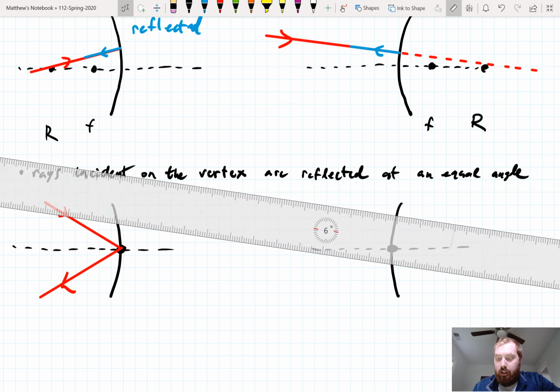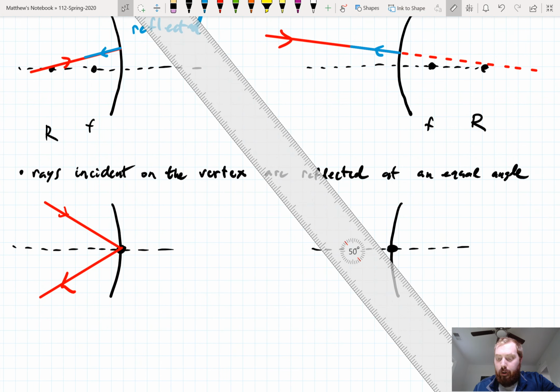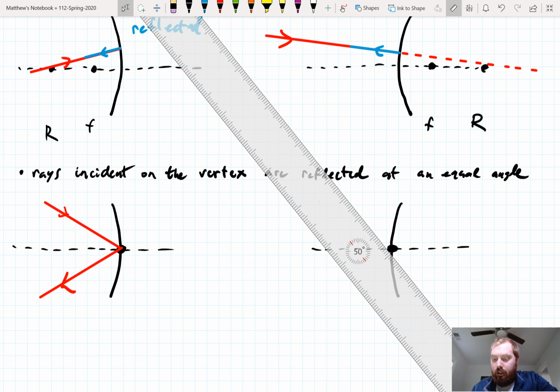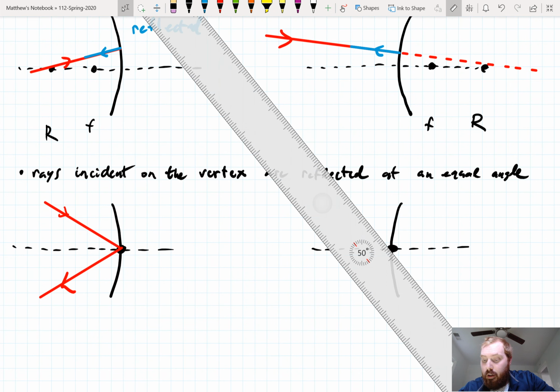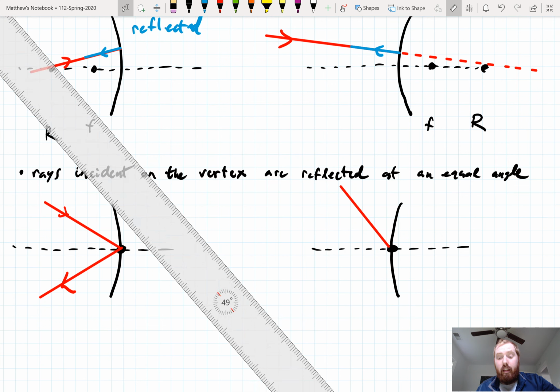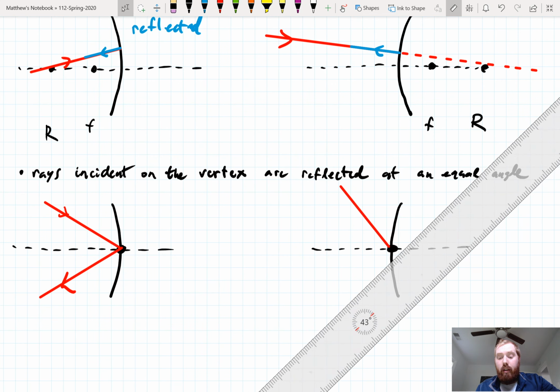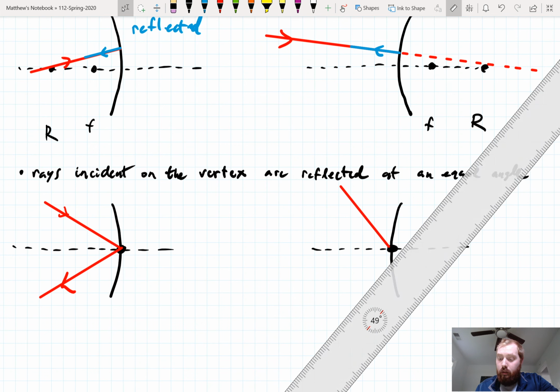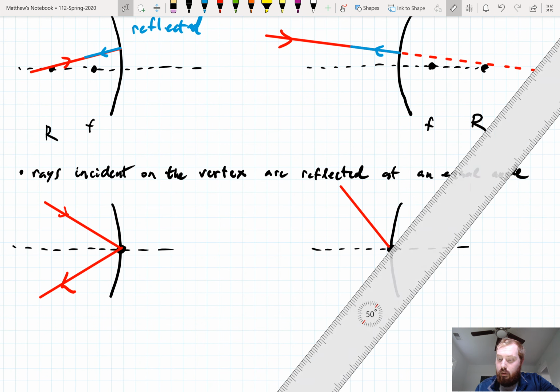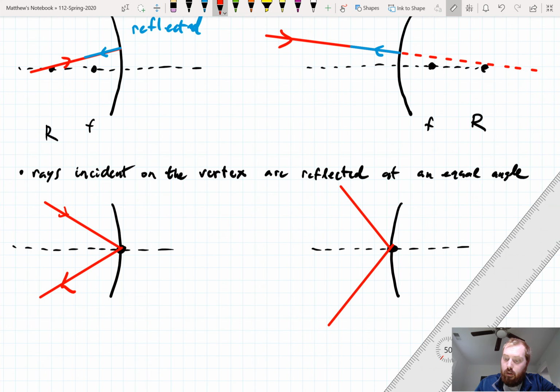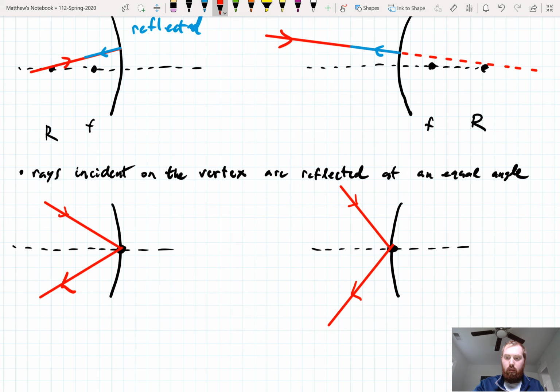Let's do a different angle. Let's do something extreme. Let's do like 60 degrees. I'll do 50. Ray comes in, bam. It hits at the vertex, so the reflected, bam. Incident. Reflected. All right.